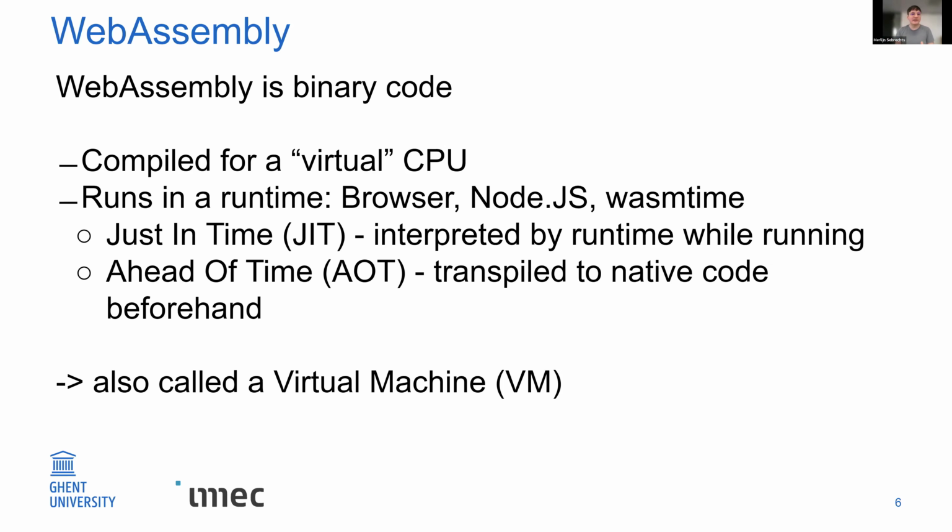These runtimes either have just-in-time compilation, where the WebAssembly code is literally interpreted by the runtime during the running of the application, or, to get even more performance out of it, you also have some ahead of time runtimes, which basically transpile your WebAssembly binary into a native binary before it runs so that you have near native performance.